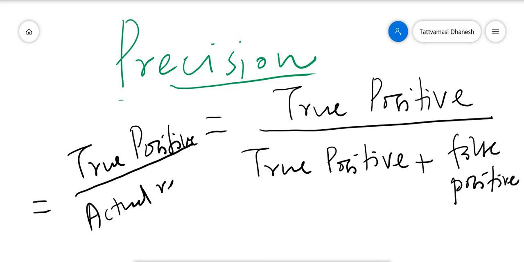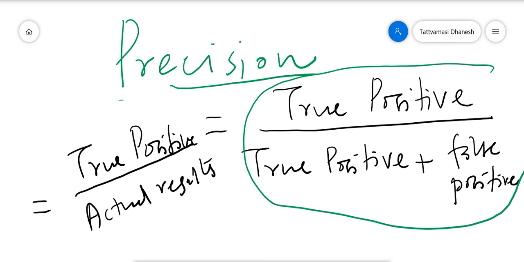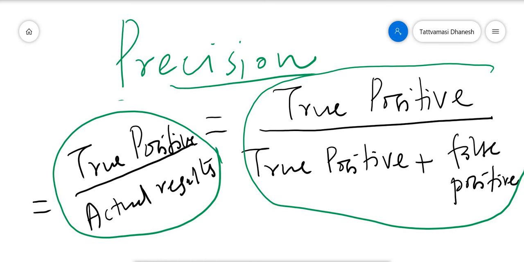You can think of the example I have told: whether the woman is pregnant or not, the prediction and the actual result. So this is precision. Precision means true positive divided by true positive plus false positive, or we can also write it as true positive divided by actual results.